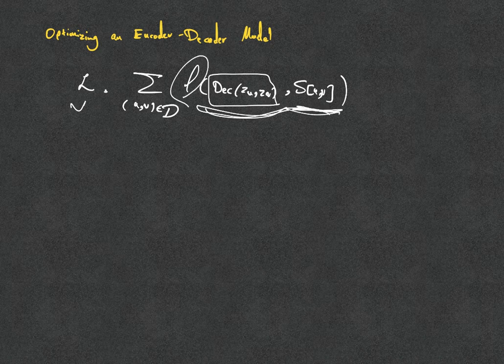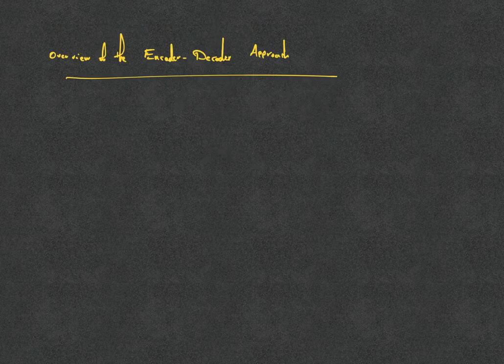And this loss could be, in some cases, mean squared error. It could be, for example, cross entropy in some cases, and so on. So it's basically just going to be a loss to assess how well the decoder is finding out this target similarity. The next part of our discussion is going through an overview of the encoder-decoder approach.